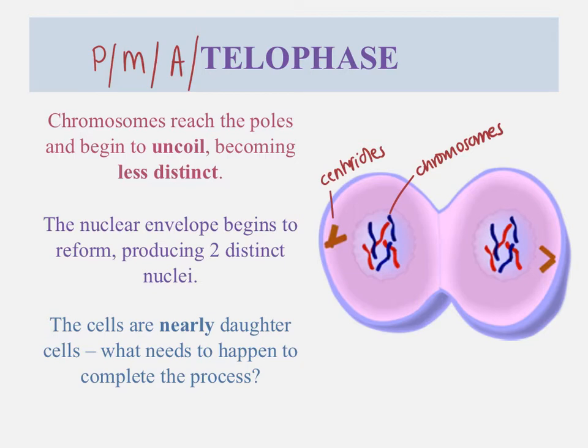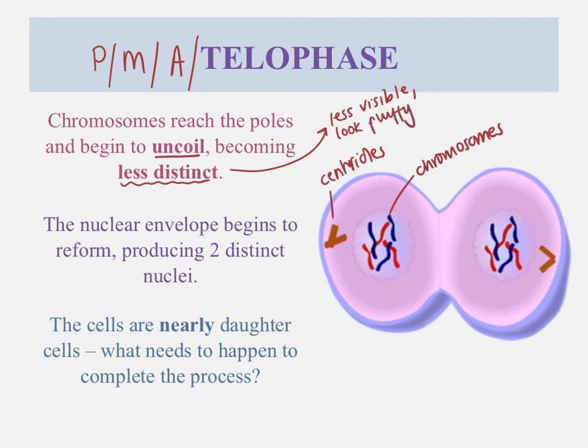But now, those chromosomes start to uncoil. Remember in prophase, it was really important that they condensed. Now they start to relax a little bit. They become less distinct, less visible. Down a microscope, they look a little bit more fluffy.